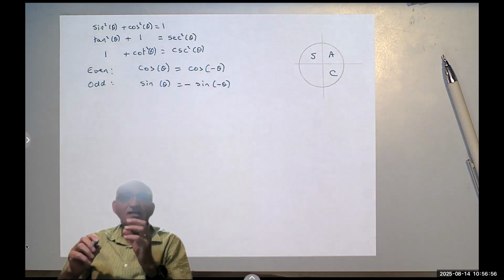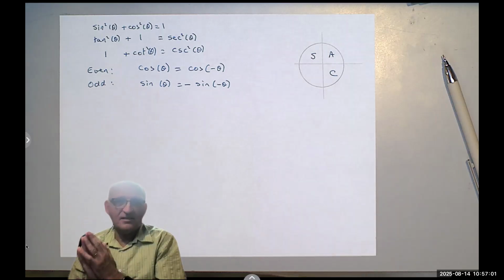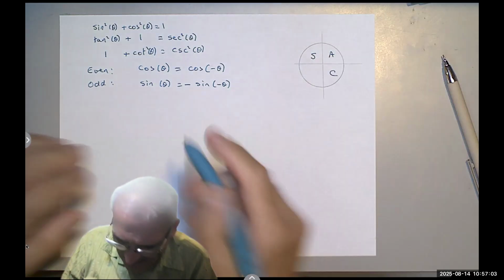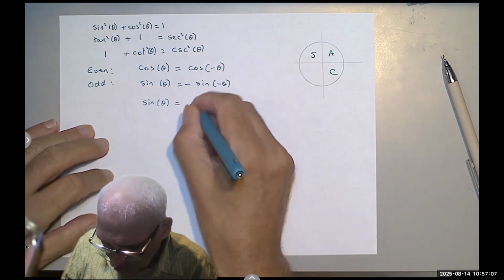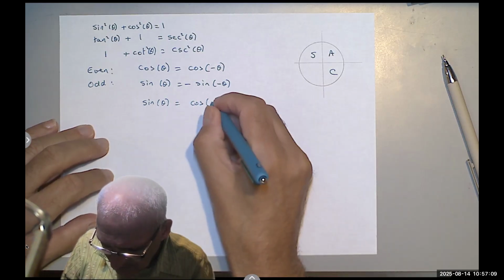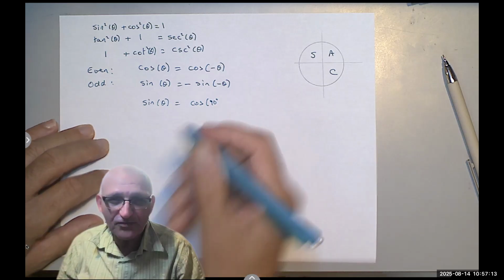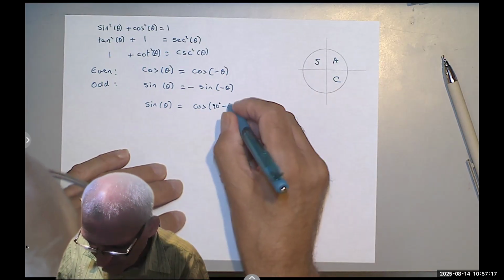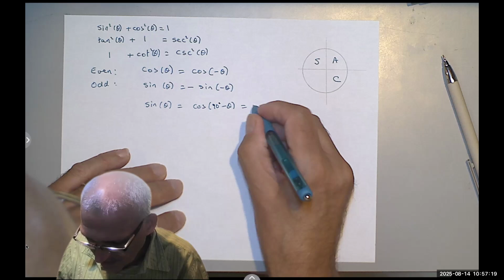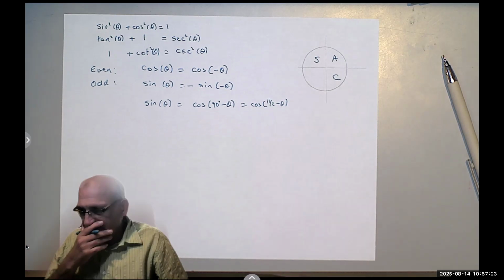That's why we called it cosine, meaning the sine of the complement, which tells us that sine of theta equals cosine of 90 minus theta. I was going to write pi over 2, which we usually write. So in radians, we would say cosine of pi over 2 minus theta.